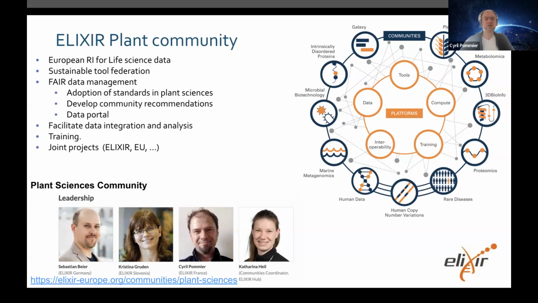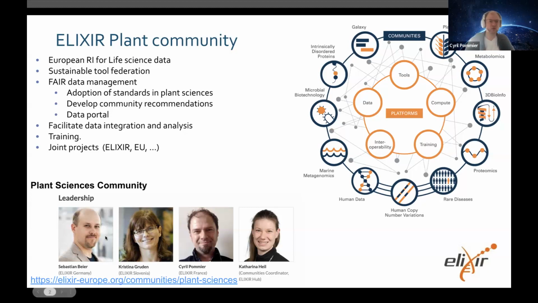So far, we have rather succeeded, mainly aiming at FAIR data management through the adoption of standards in plant sciences, to develop community recommendations as well as data portals. We want, therefore, to facilitate data integration and analysis, provide a lot of training, and help the building of joint projects.